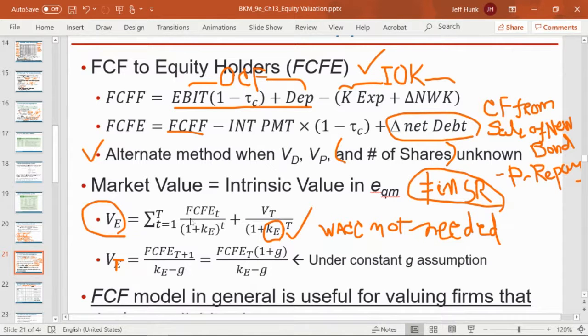In this Excel exercise, we're going to be doing both models. It's the same model, but we're going to calculate free cash flow to the firm, and we're going to calculate free cash flow to the equity holders. And they can be done in a single model, because basically they share the same data.